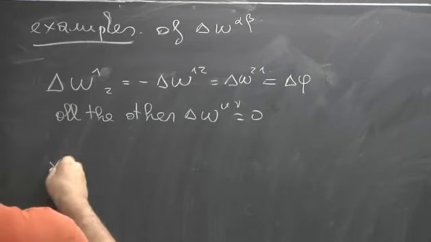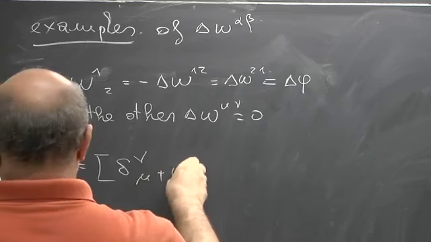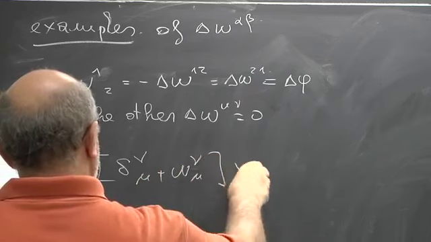So the transformation is x prime nu equal delta nu mu plus delta omega nu mu x mu.